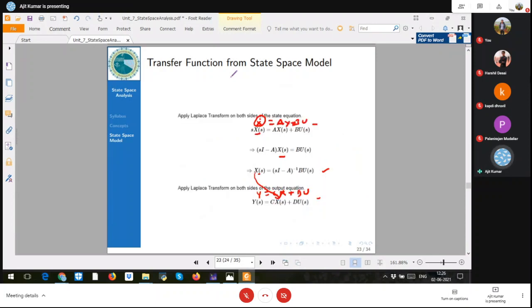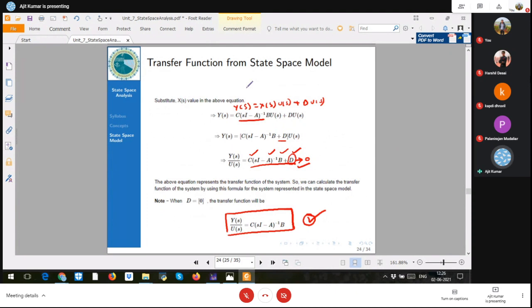And what was the procedure? You take the Laplace transformation on both sides, and solve this equation in terms of X(s), and you will get something like that. Applying the Laplace transformation on both sides of the output equation, you will get something like this. Put the value of X(s) here in the output equation, and then you will get Y(s) by U(s), which is the transfer function form, as C times (sI minus A) inverse times B plus D. In case D is 0, the above equation represents the transfer function of the system.